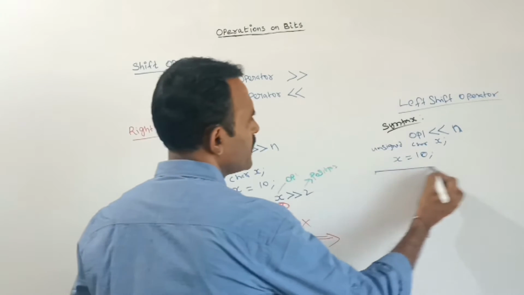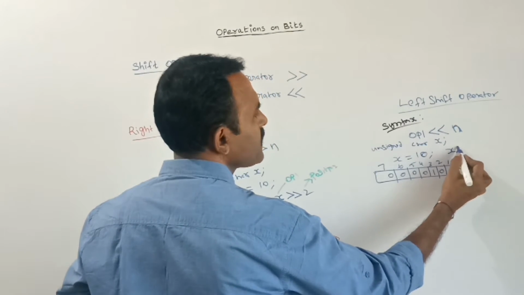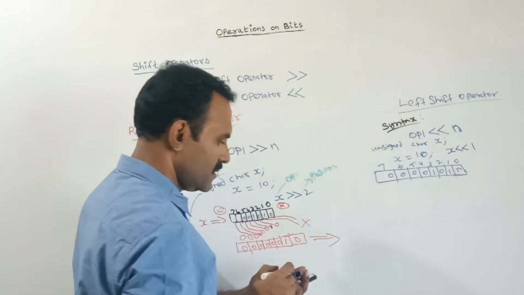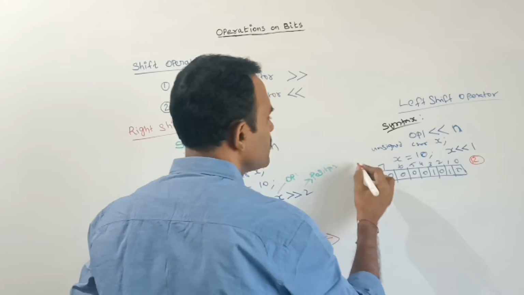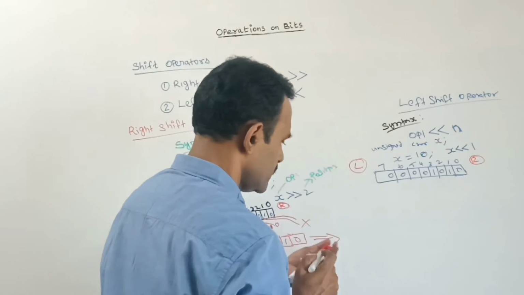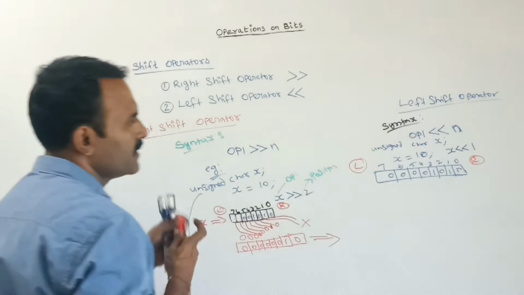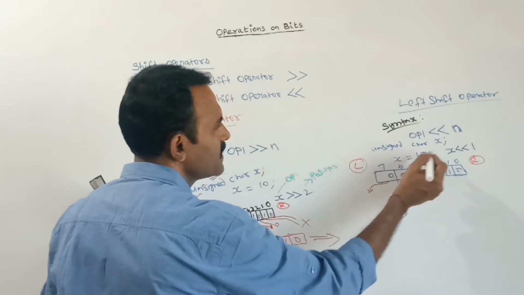In a similar way, take the binary value of this. Suppose I am left shifting this x with 1 position. This is the right side of the operand, and this is the left side. It starts from the 7th position. The 7th position value will be popped because this is the left direction.